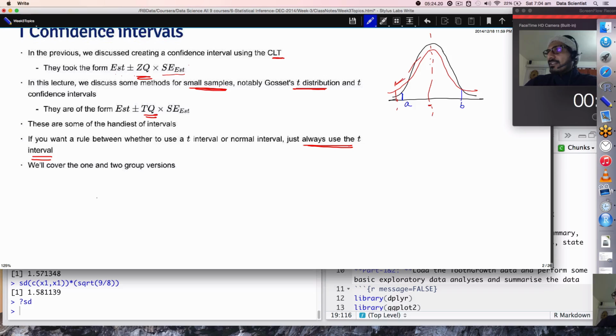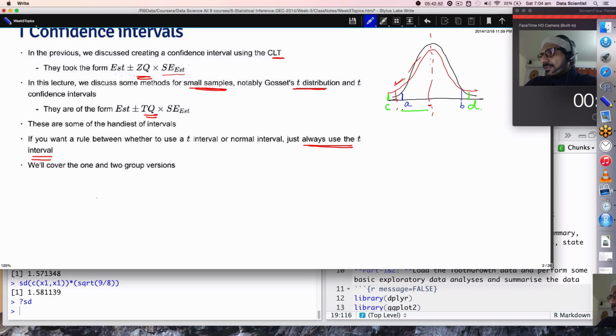But because the tails are fatter, for the area to become 95%, it is between, let's say, point C and point D.